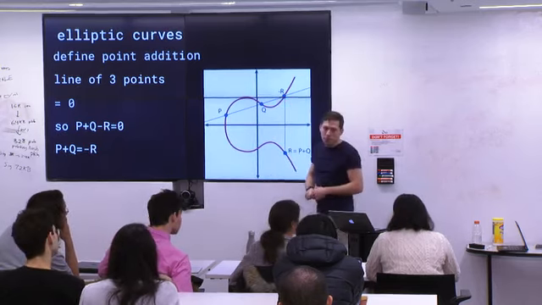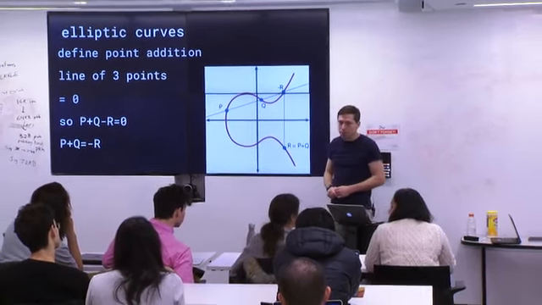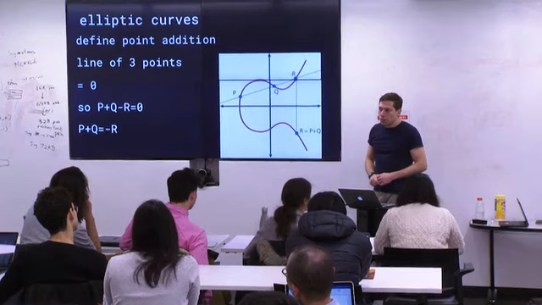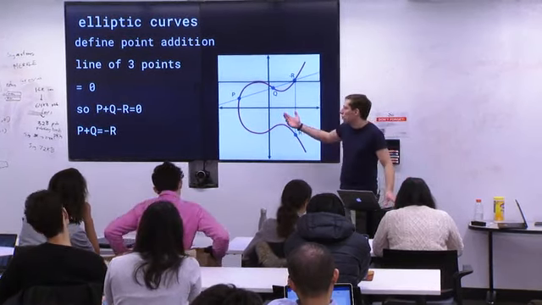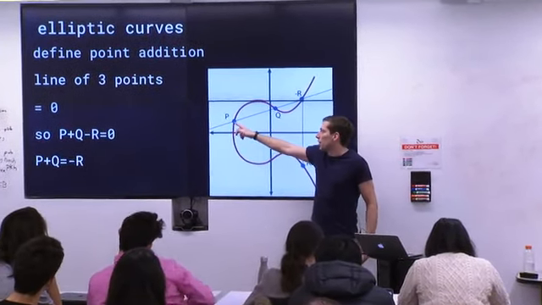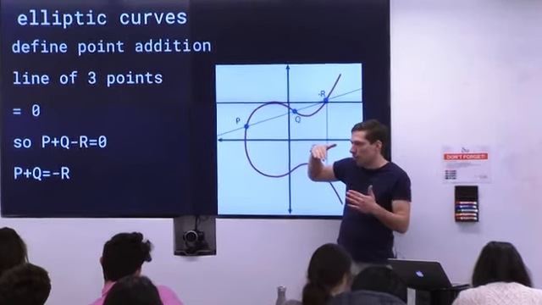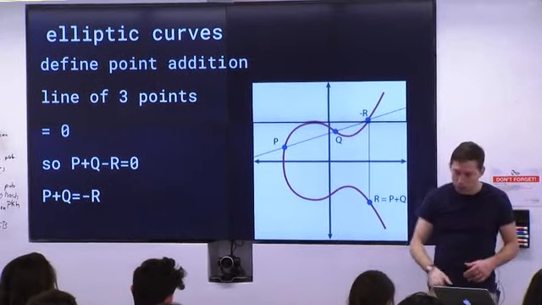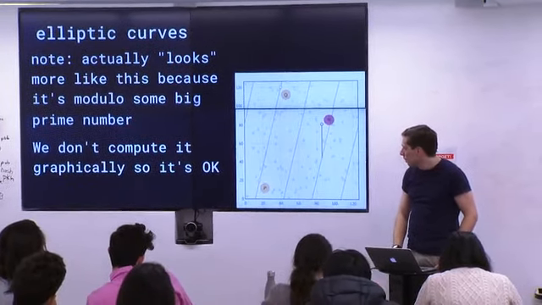Addition is literally defined as compute that point. It is not a function of adding the x and y coordinates. Gotcha. Okay. Since the computer doesn't actually look at the curve, you just say, find the x and y coordinates of P, find those of Q, find the slope, and then find where it intersects, and then compute that for R.